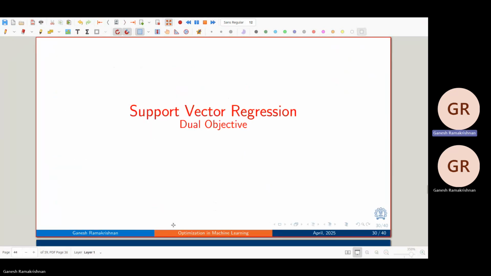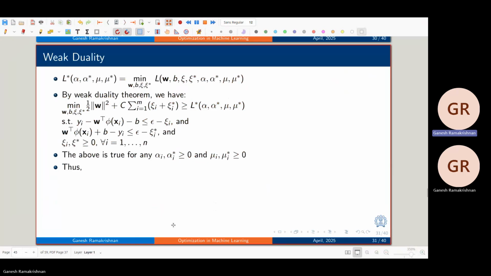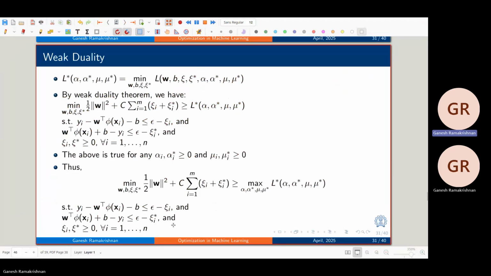So now when you write the dual objective, so you have this weak duality theorem, you substitute based on the KKT conditions. We are working backwards from KKT conditions. So substitute for this W star, right? What will you have? Norm W squared will give you a dot product of the phi's, phi xi transpose phi xj. Right?